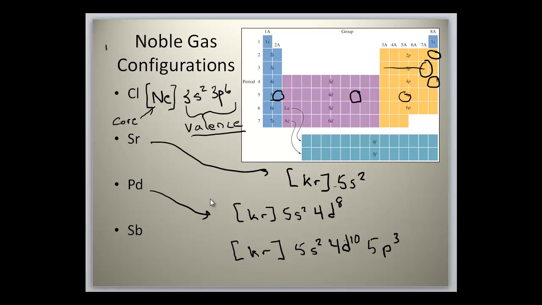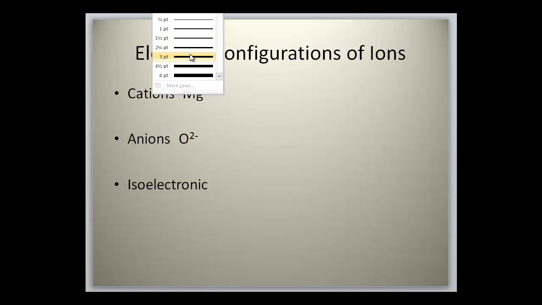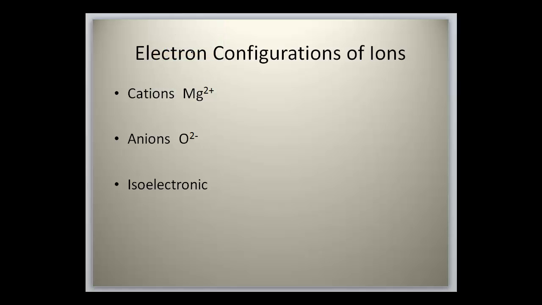What we're trying to do here is identify the valence electrons and the core electrons, because we're going to use those valence electrons to describe bonding. Alright, this vodcast is a long one, so let's do this last concept and then we will end it.